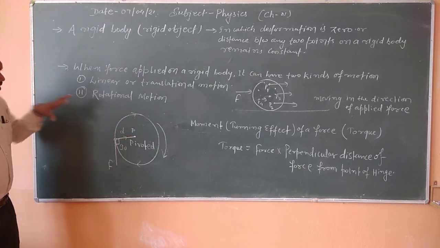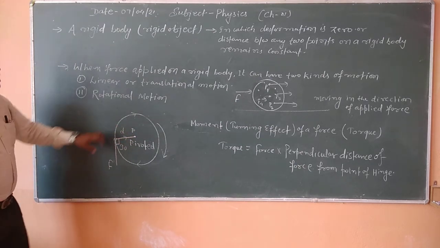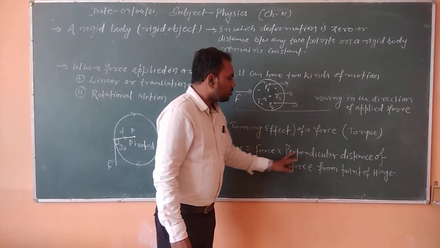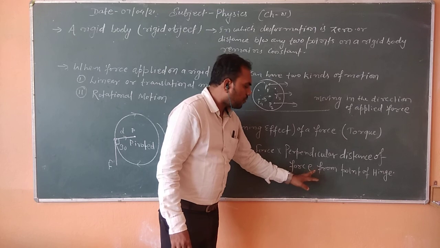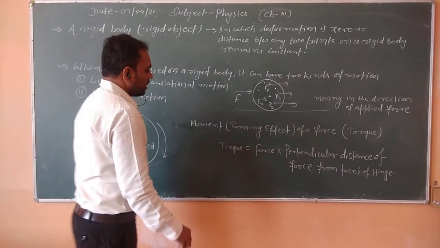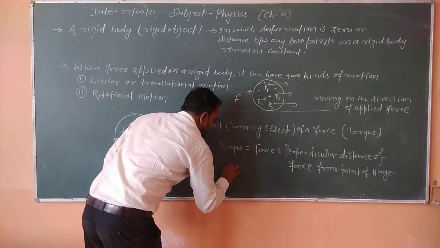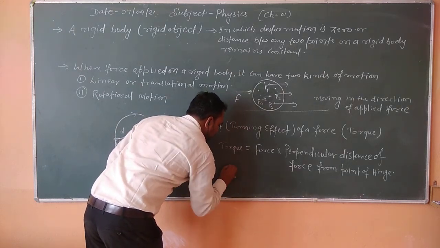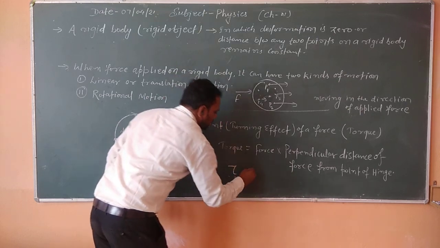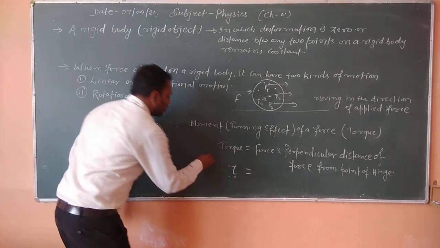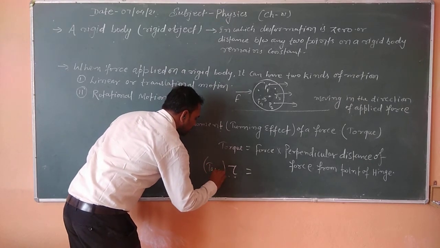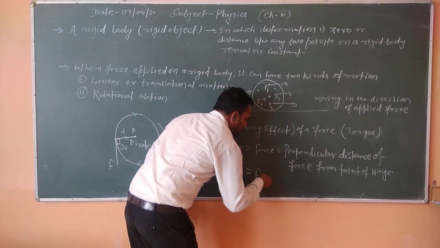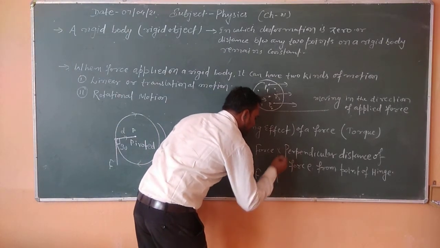That's why it is called perpendicular distance. So torque is force into perpendicular distance of force from the point of hinge. It is denoted by tau. So tau is force into perpendicular distance D.